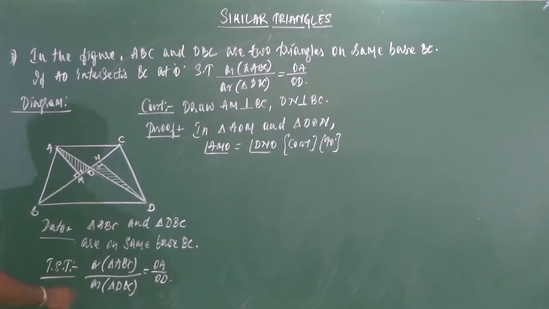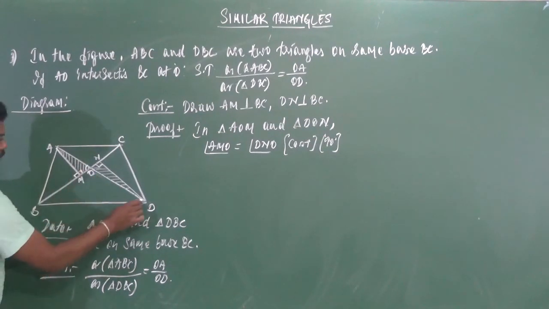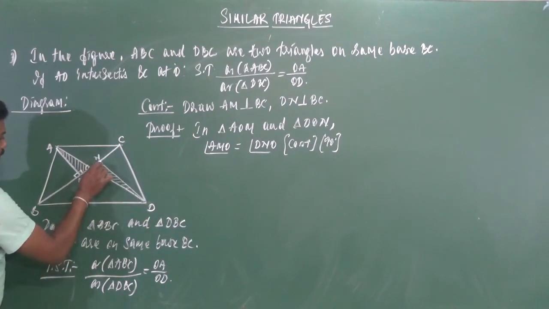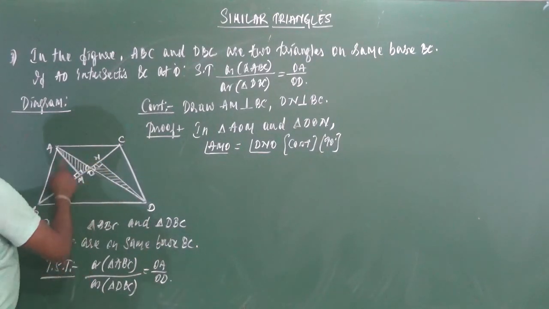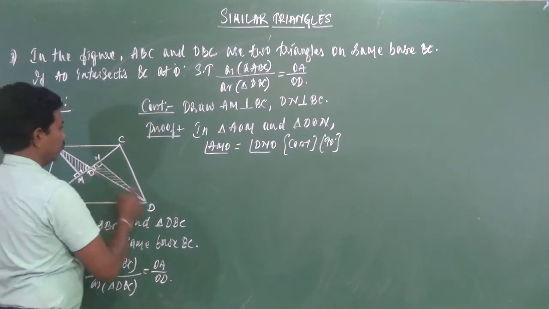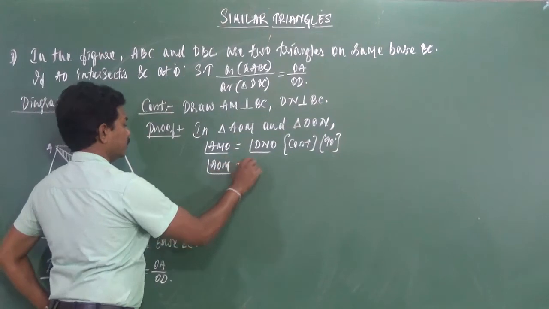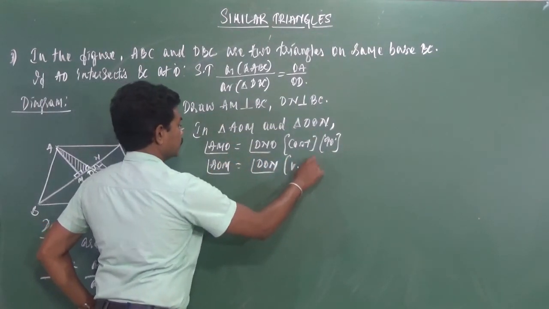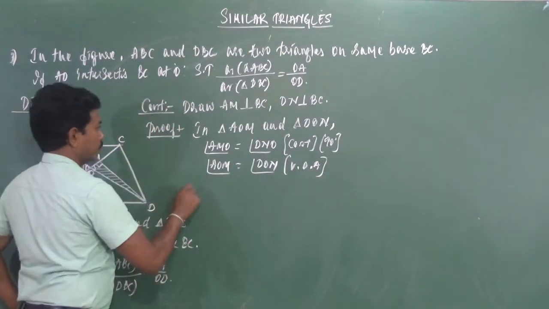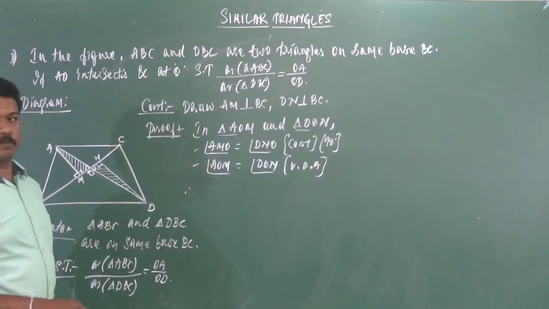And then angle AOM, this angle, is equal to angle DON, this angle. So they are vertically opposite angles. So angle AOM is equal to angle DON. Therefore in both the triangles two pairs of corresponding angles have become equal.